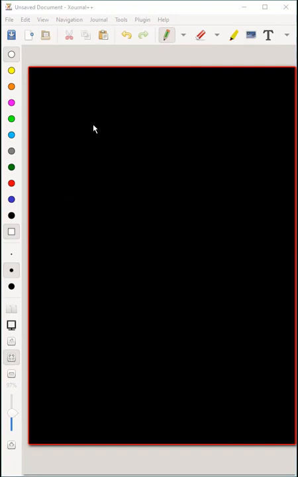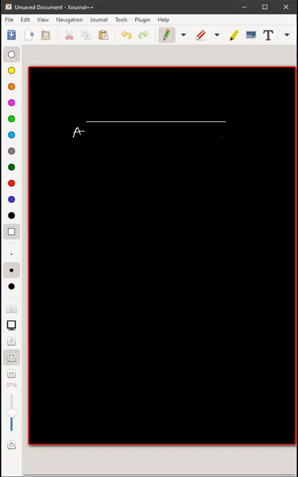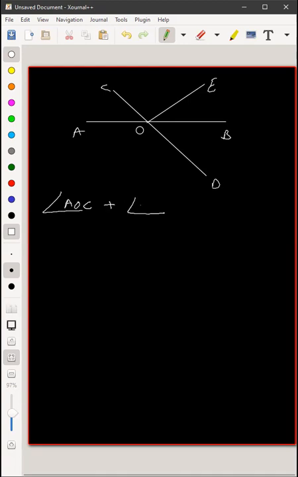We have two lines, AB and CD. They intersect at point O. We are given a line OE. We are given that angle AOC plus angle BOE is equal to 70 degrees.